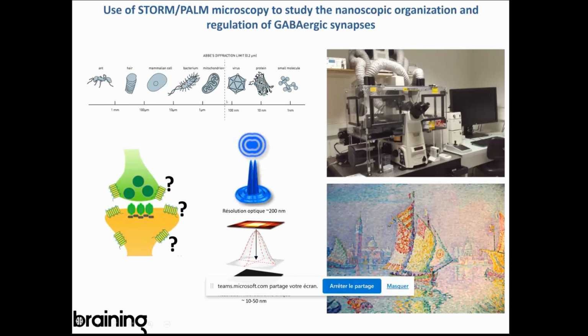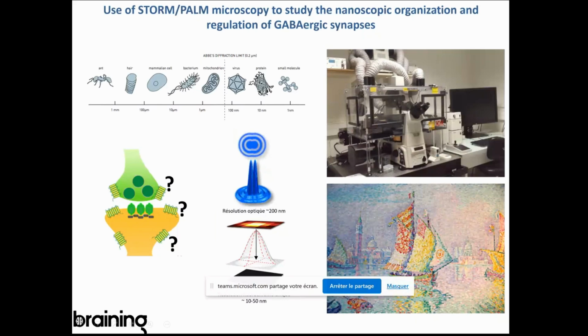So we are below what we call the diffraction barrier of light, which is due to the fact that light is a wave, and therefore all fluorescence microscopy won't be able to show you a structure below the size of 200 nanometers. To go below 200 nanometers and see the nanodomains, you need this technique.